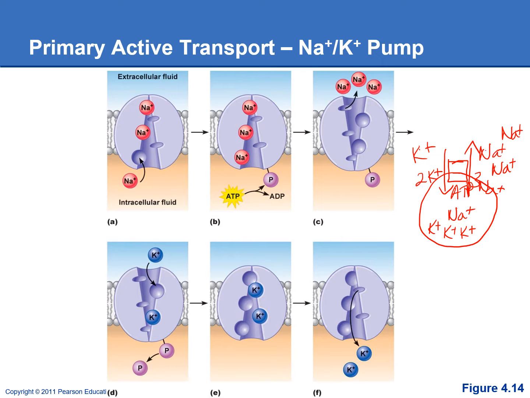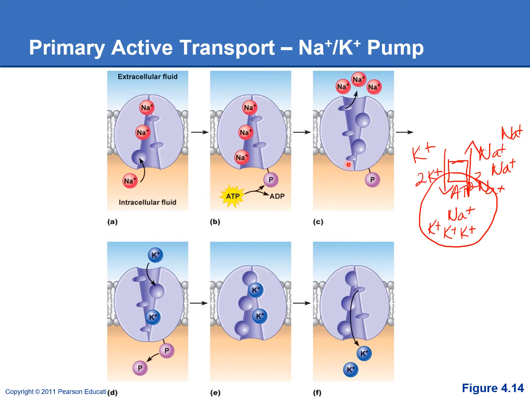And this picture from your book just shows the binding sites for the sodium and the potassium. So you can see that we've got 3 places for 3 sodium ions, and then the ATP will chop off a phosphate group. That'll release the energy as we phosphorylate that sodium-potassium pump.